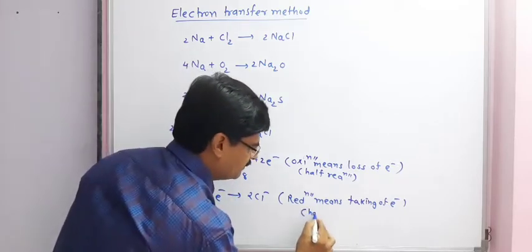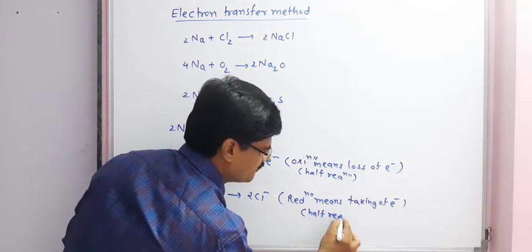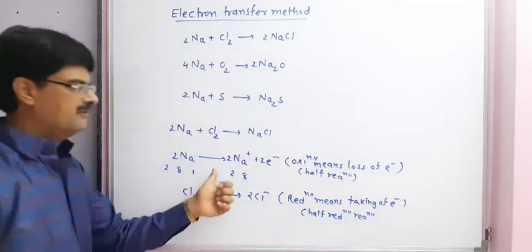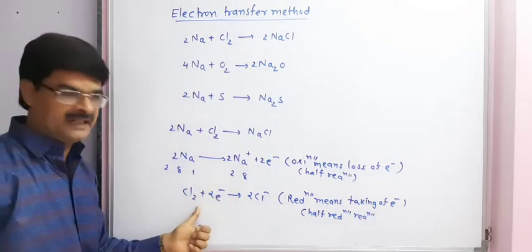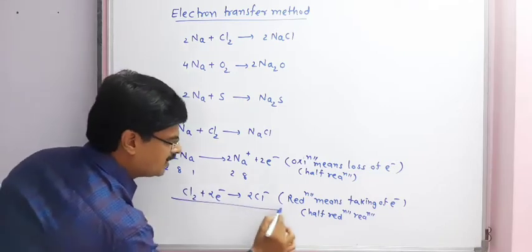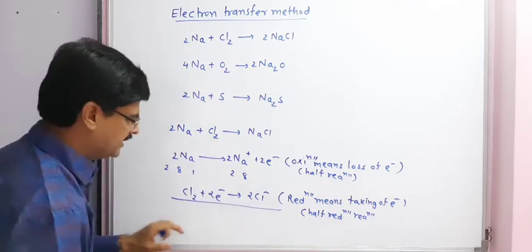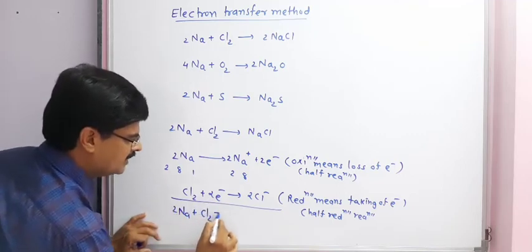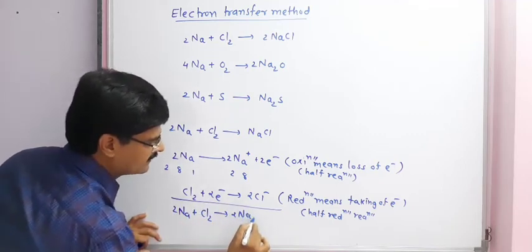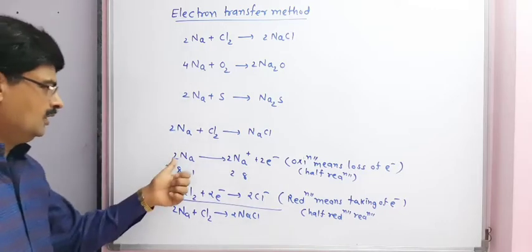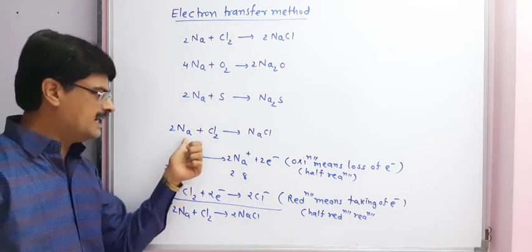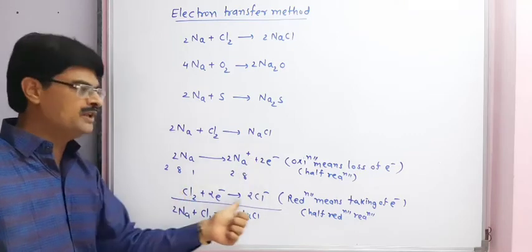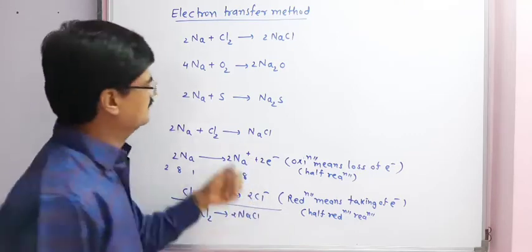This is half reduction reaction. When we add these two half reactions, we get a complete reaction, the redox reaction, 2Na plus Cl2 will give 2NaCl. So in this case we can say Na is oxidized to Na plus and Cl2 is reduced to Cl minus.